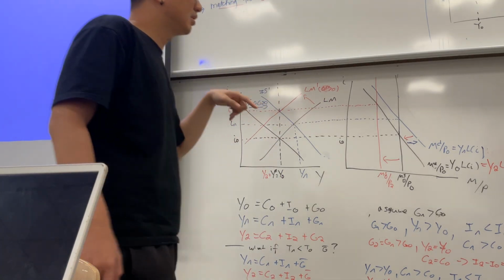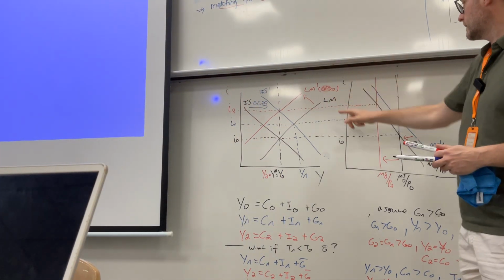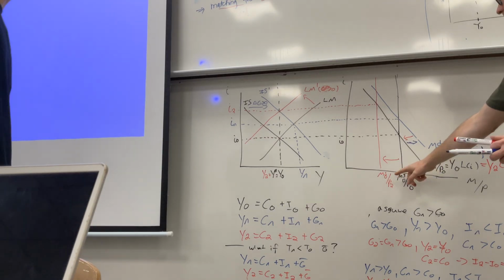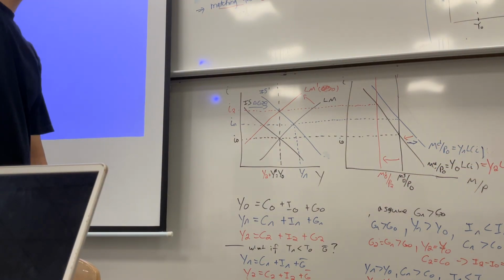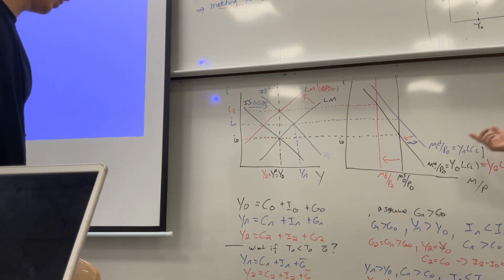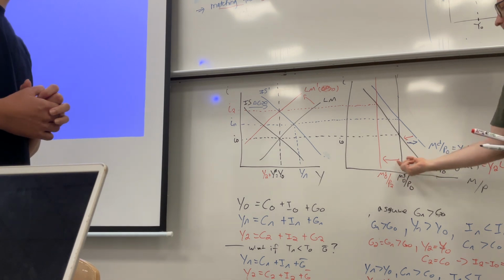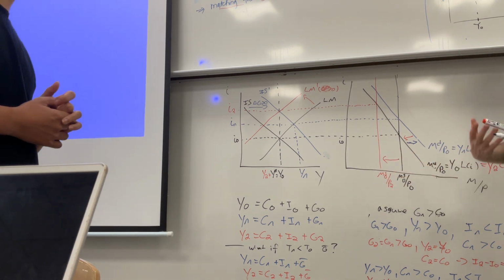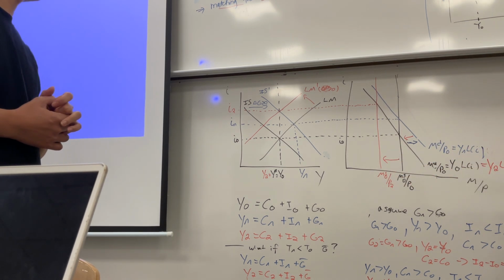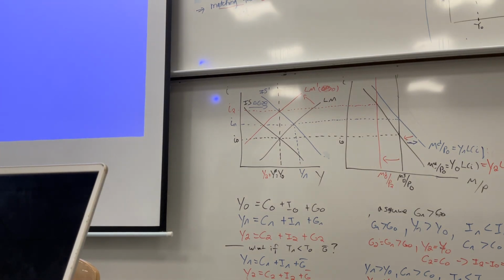Like the price goes up? Yeah, so here we have an increase in the prices, which is because the central bank didn't change the money supply, but the increase in the prices is effectively the same thing. Right? Let's say I have 90,000 dong in my pocket.